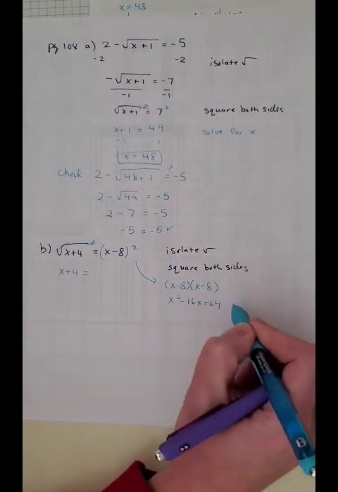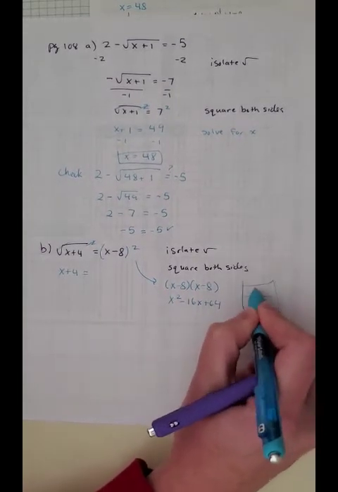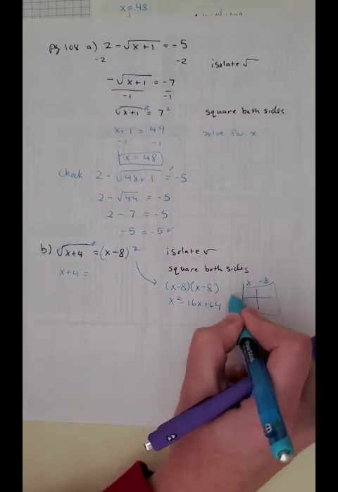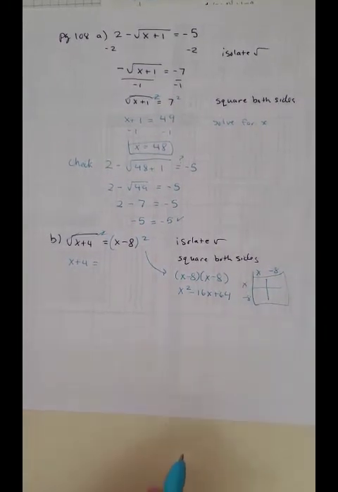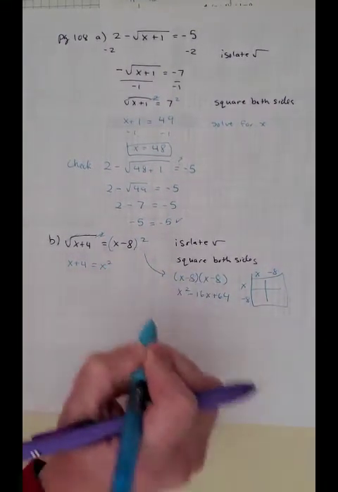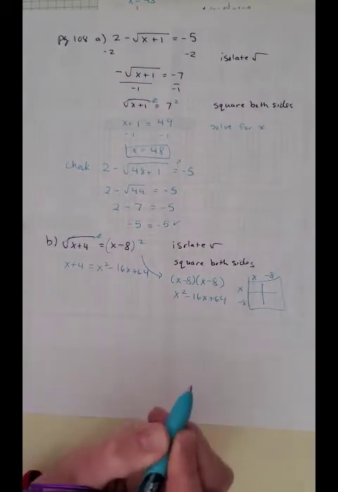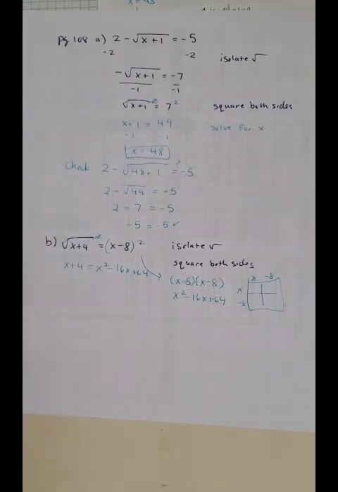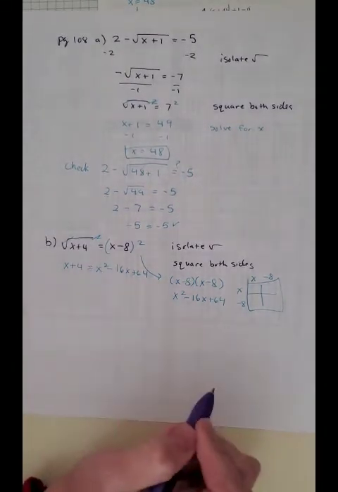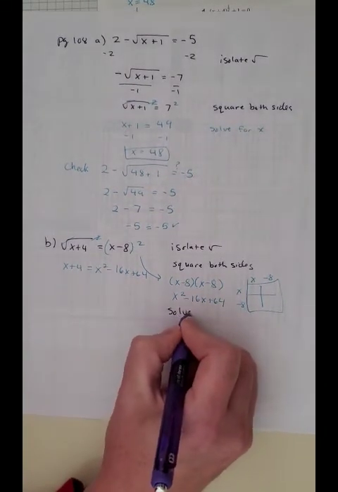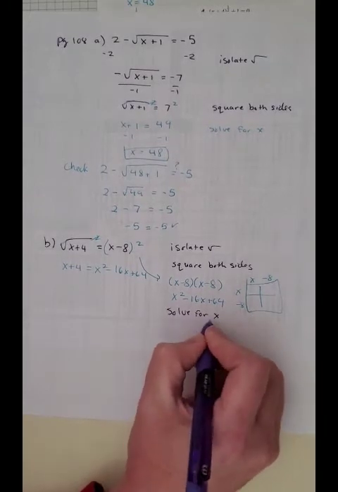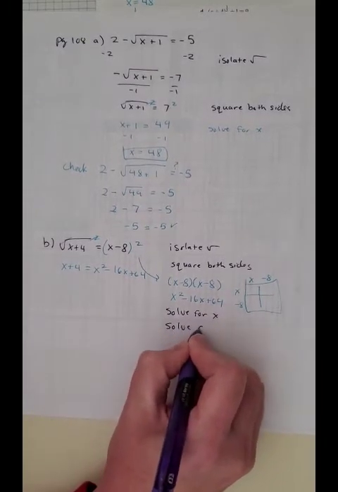You can either use distribution or you can use a generic rectangle, right? X minus 8, x minus 8. And so that's x squared minus 16x plus 64. At this point, what you should notice is that you have a quadratic. So to solve for x, we're solving a quadratic.